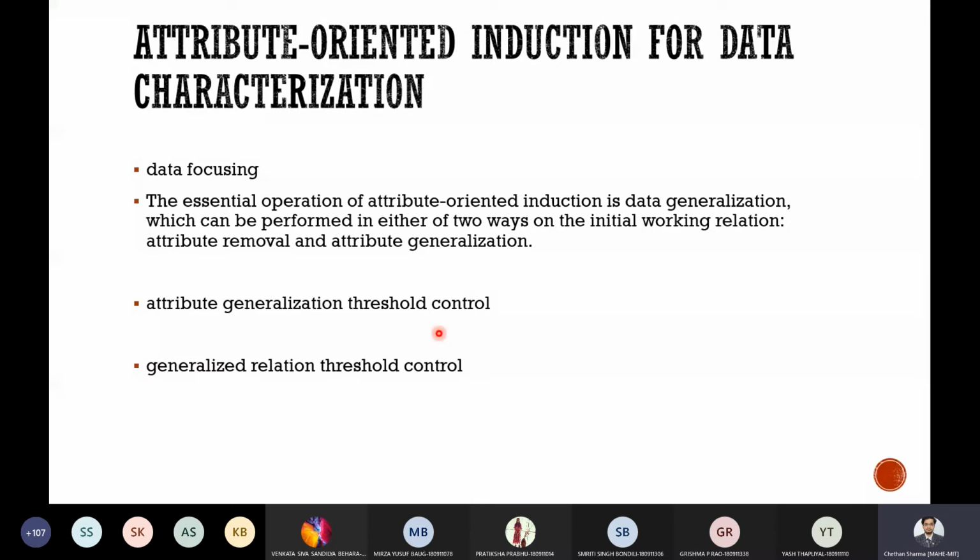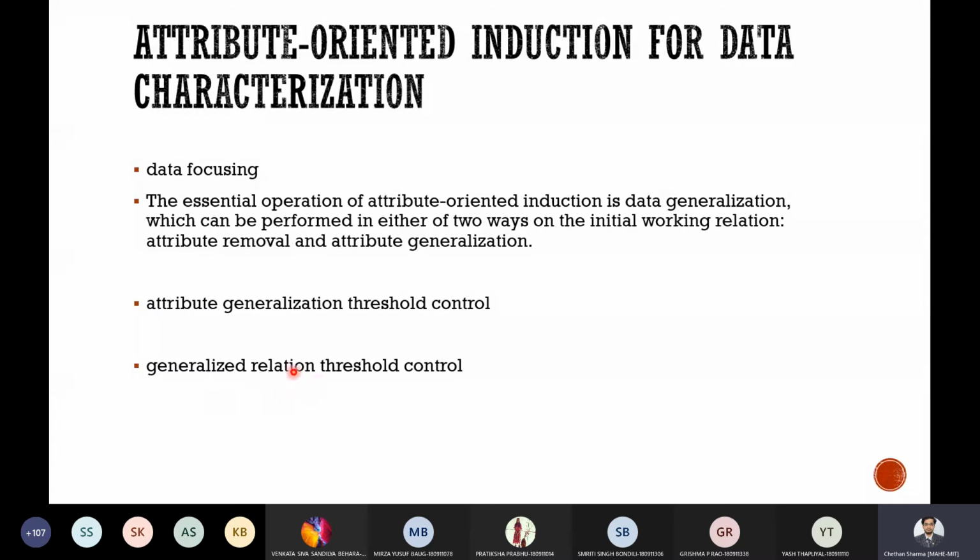Increasing the threshold corresponds to drilling down over that particular attribute. Again, if the user feels there is a need to reduce the attribute threshold, that corresponds to a rolling up operation on that attribute.